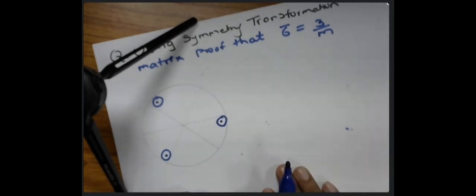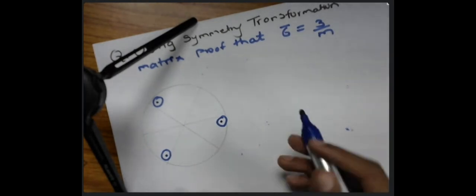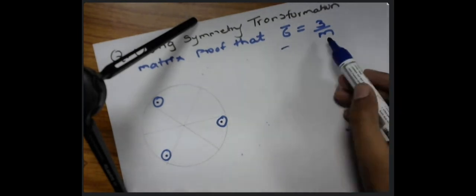All these 6 points we have got. And we want to know that 6 bar is equal to 3 over m.